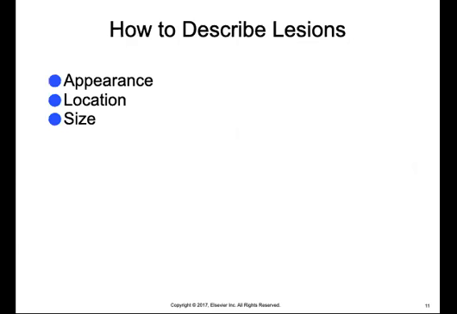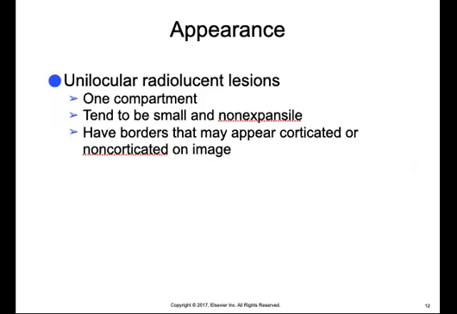So as far as how to describe images, in order to properly document a lesion seen on a dental image, the lesion must be described in terms of appearance, location, and size. The appearance of most radiolucent lesions can be classified as either unilocular or multilocular.